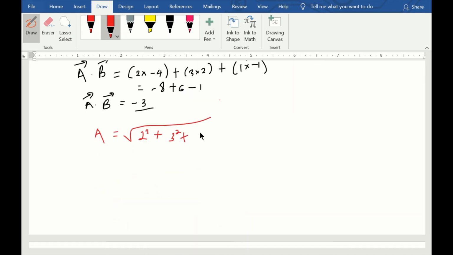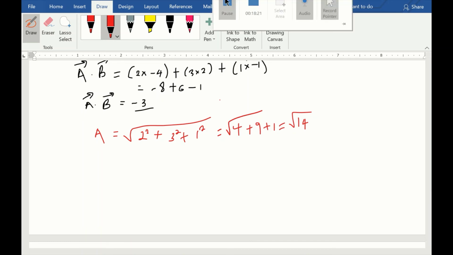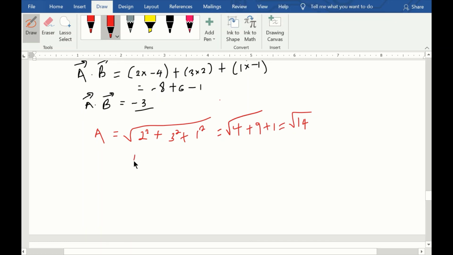So 2 squared is 4, plus 3 squared is 9, plus 1 squared is 1. So 4 plus 9 is 13, plus 1 is 14. What is the square root of 14? That gives us A as 3.7.